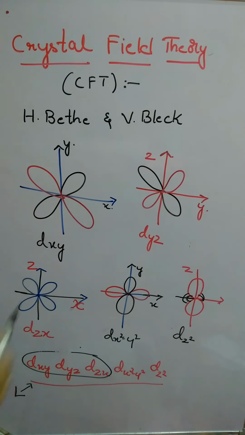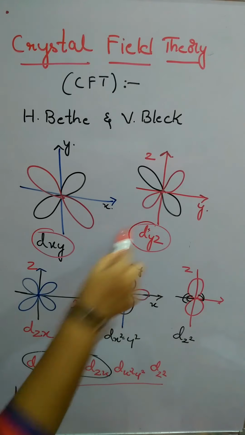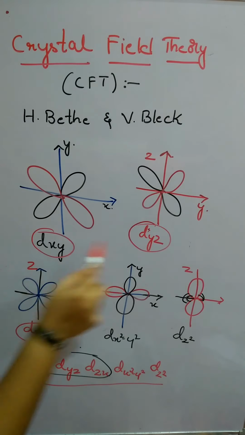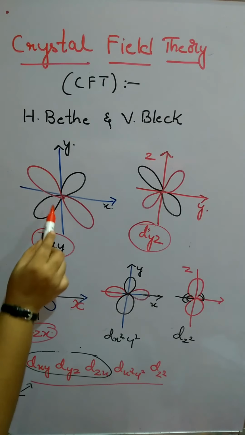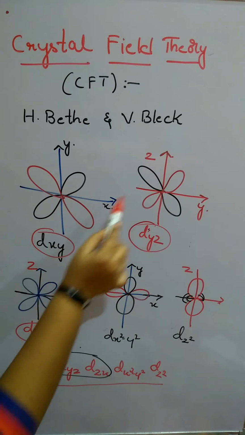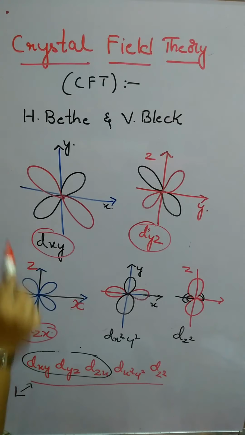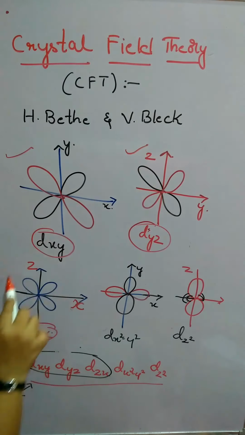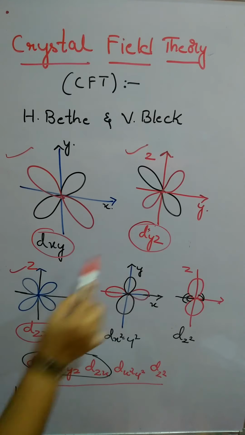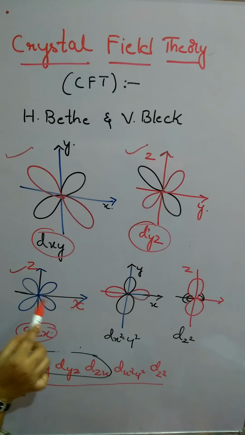Observe. These three orbitals, dxy, dyz and dzx, you observe that the orbitals are in between the axes. This one and this one, that is dxy, dyz and dzx. You can observe they are in between.